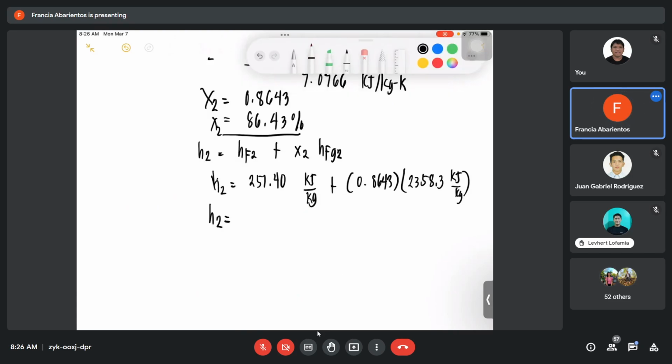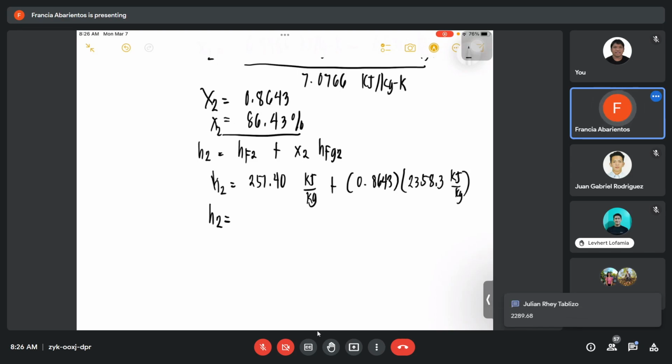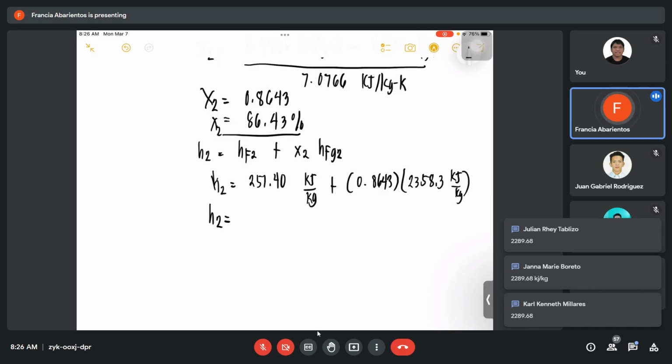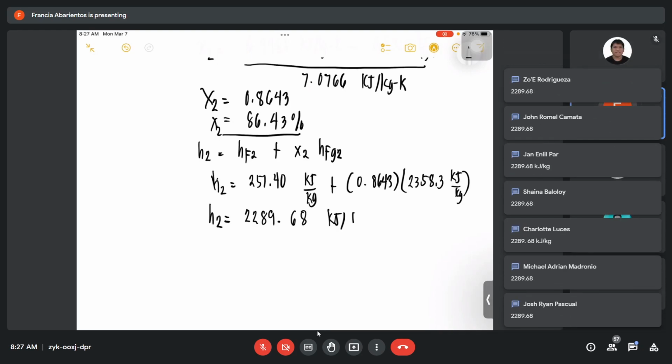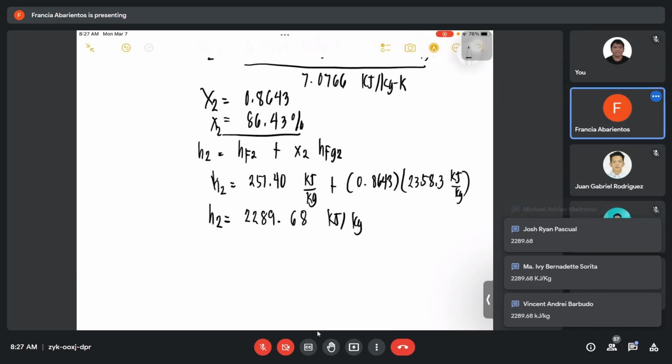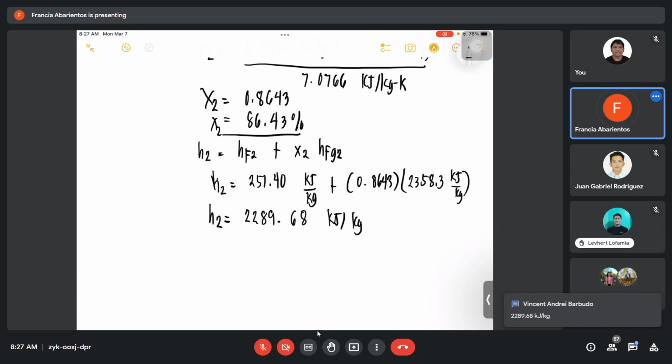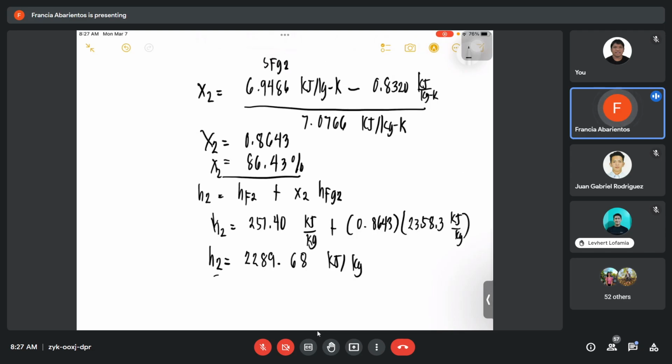Enthalpy at 0.2. This is 86. What is now your answer, class? 2289.68 kilojoule per kilogram. Okay. Considering that, we have now the enthalpy at 0.2.